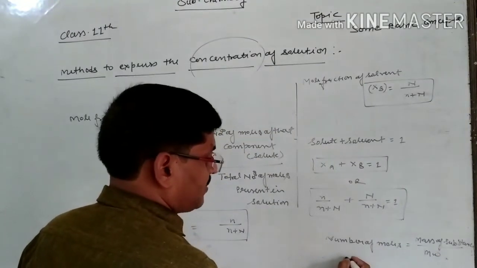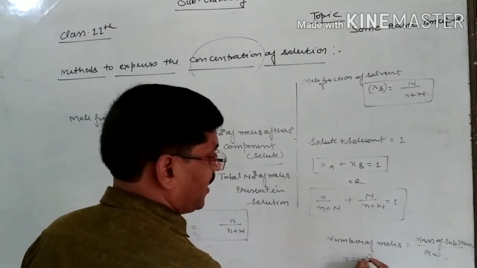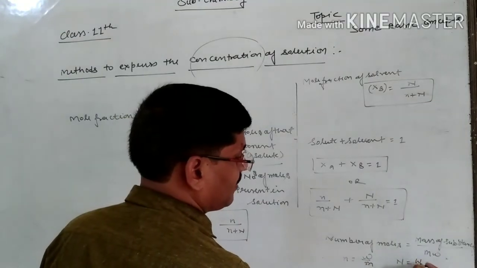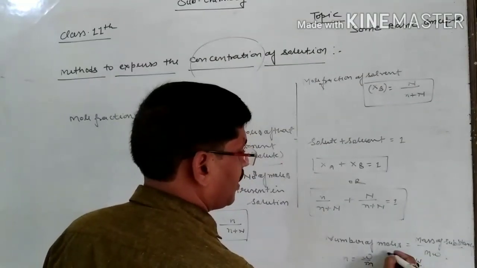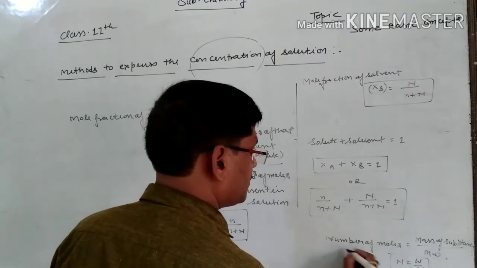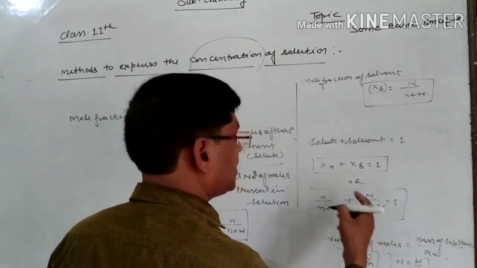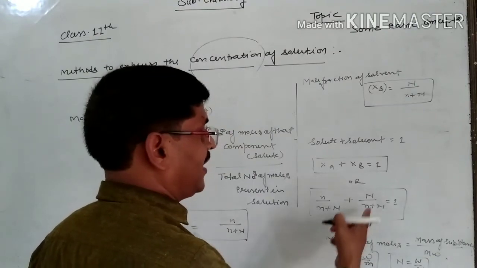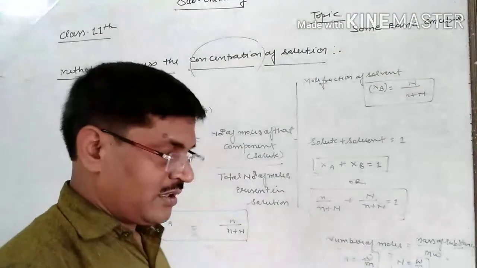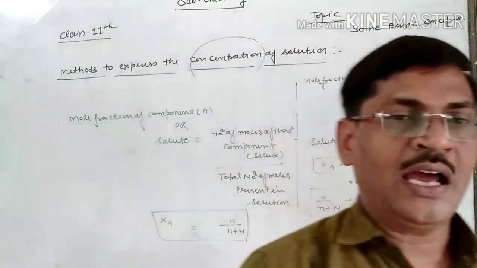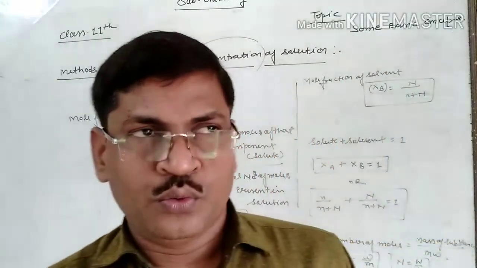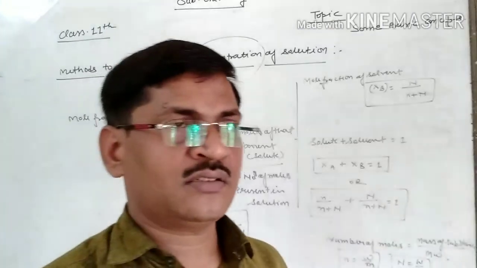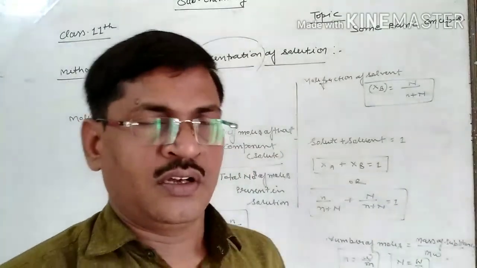So for small n you can write small w upon small m, and capital N is equal to capital W upon capital M. In this way, if you want to change this formula, you can do so by placing the values of small n and capital N. In this way, these are the terms I have covered to represent concentration of a solution. Thanks.